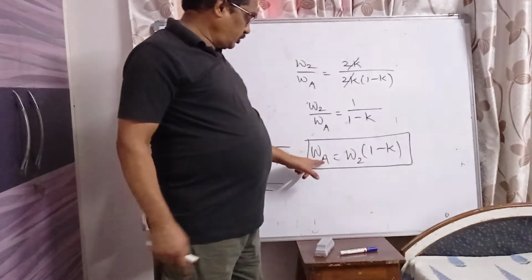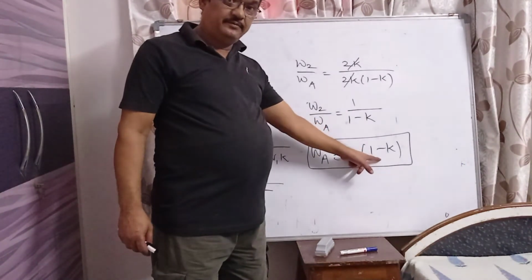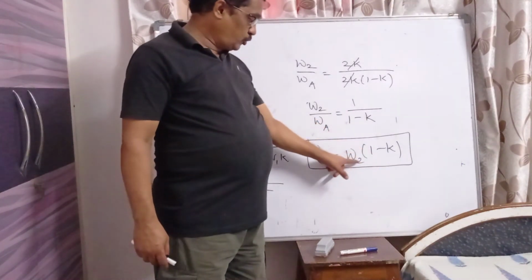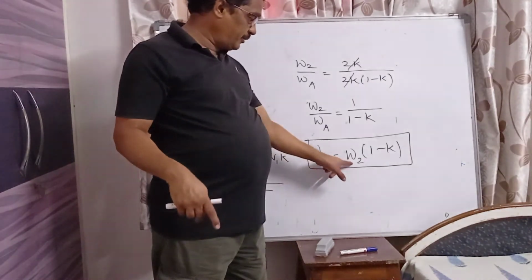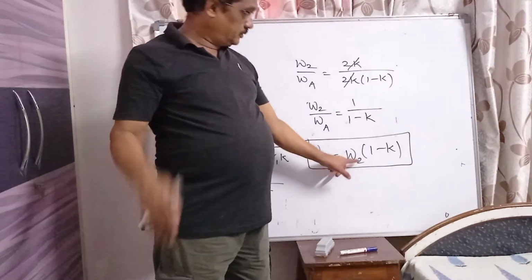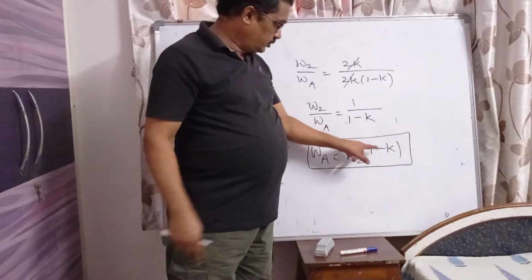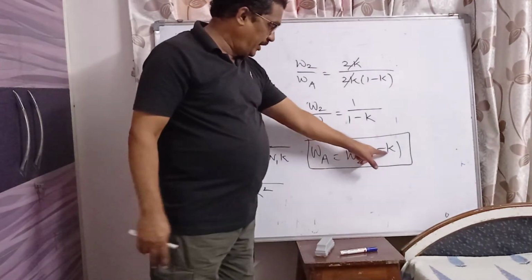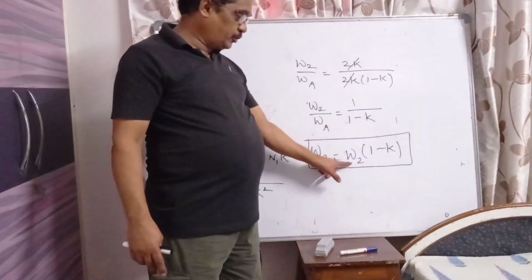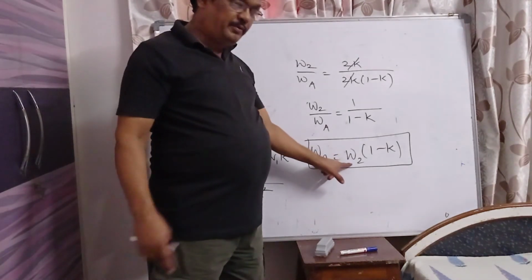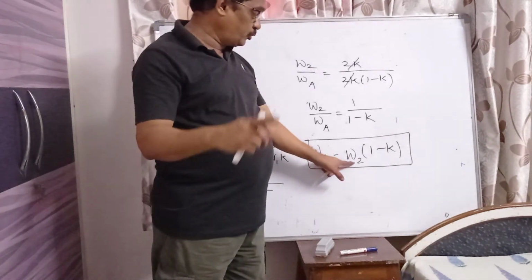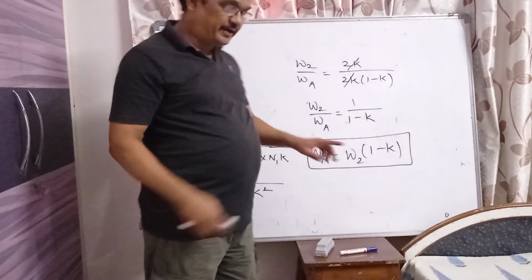So WA will be W2 into 0.9. So whatever copper is required for two winding transformer, for auto transformer it will be 0.9 into W2. So if K is 0.2, 1 minus 0.2 will be 0.8, so 0.8 into W2, where W2 is weight of copper for two winding transformer. So for auto transformer, it will be 0.8 into W2. That means it will be less than two winding transformer.